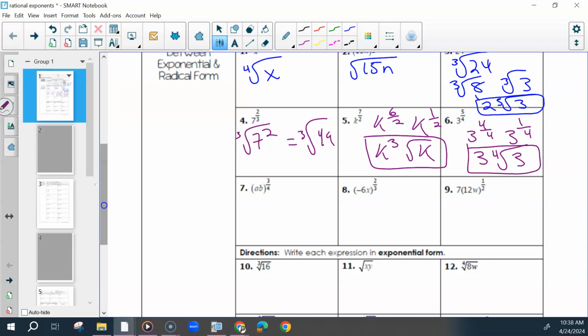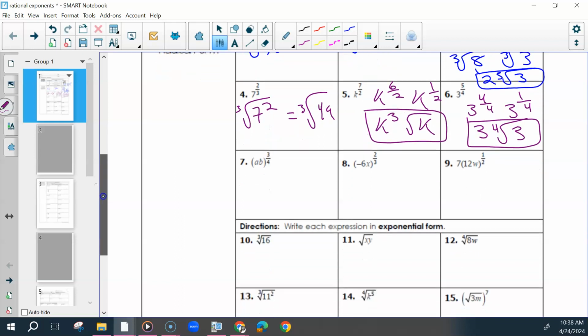And because I can't take the actual fourth root of 3, it's not a perfect fourth root, that stays the same. Why is it fourth? Because of the fraction. Whatever that denominator is becomes your root, your index. Alright, let's do 7. How would I rewrite that in radical form?